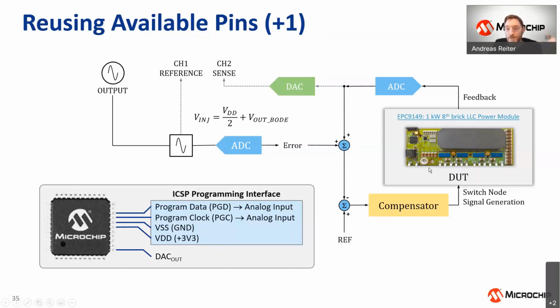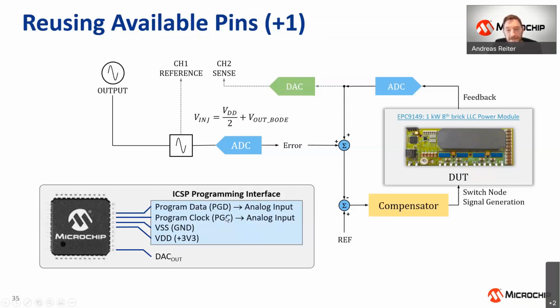But what we always have is an access point to the programming pins of the device, because even in production, that device still needs to be programmed at some point. Usually what we have on the SPICs is called an ICSP, in-circuit serial programming port, which offers a data line and a clock line.